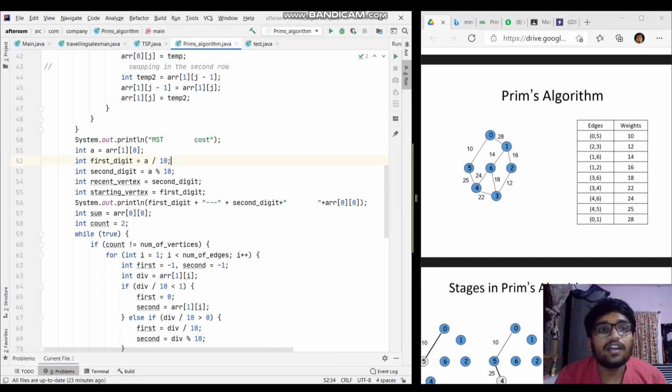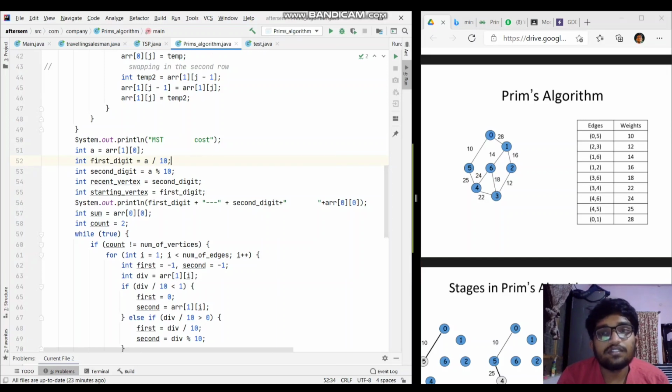I have said int recent vertex. Obviously the starting vertex would be the first digit, that is 0, and the recent vertex, that means the node which is connected next to 0, that is 0 and 5, right? So the recent vertex would be 5.